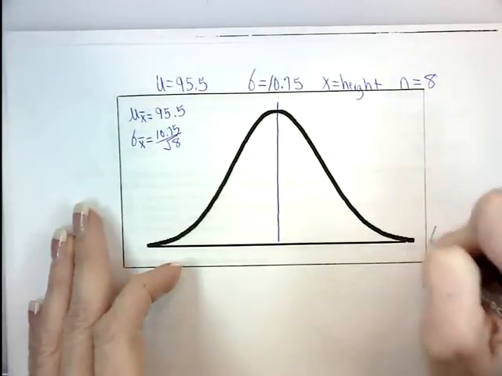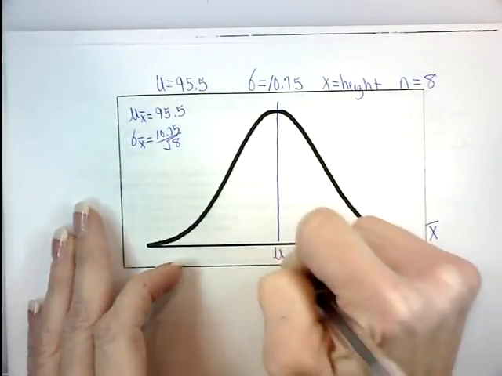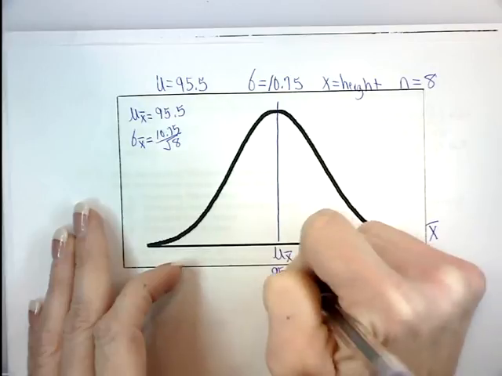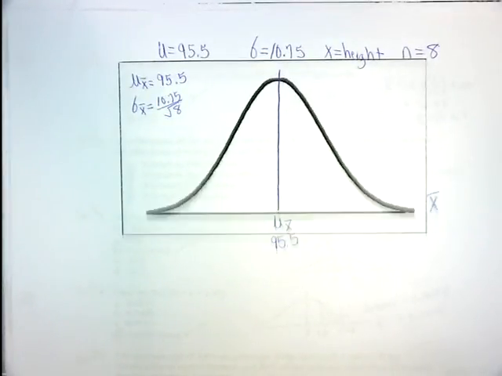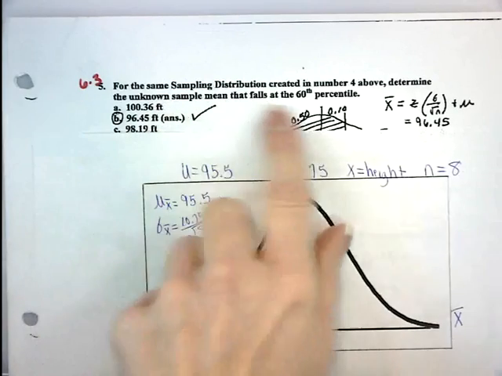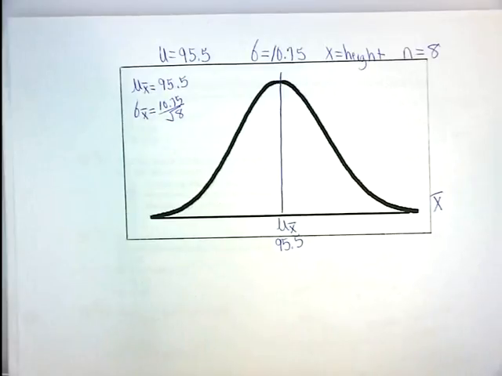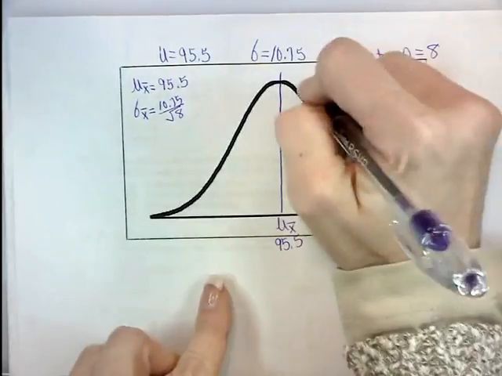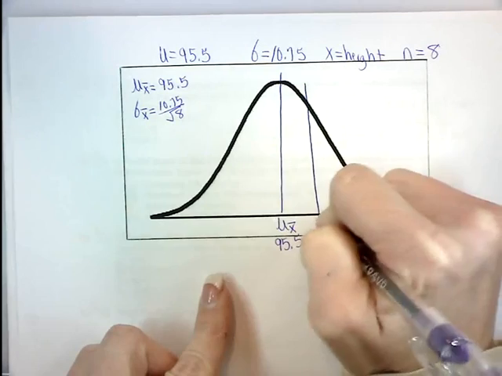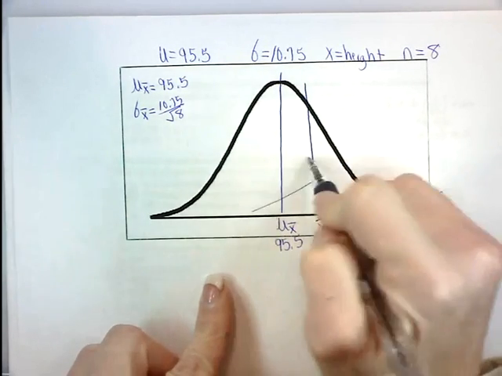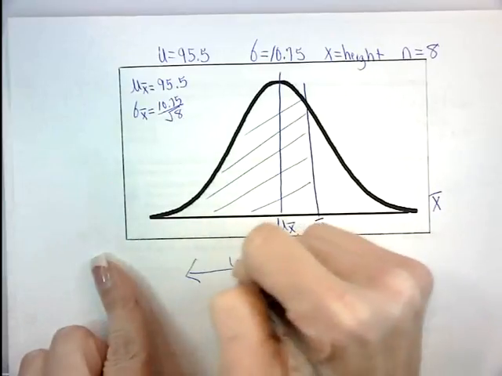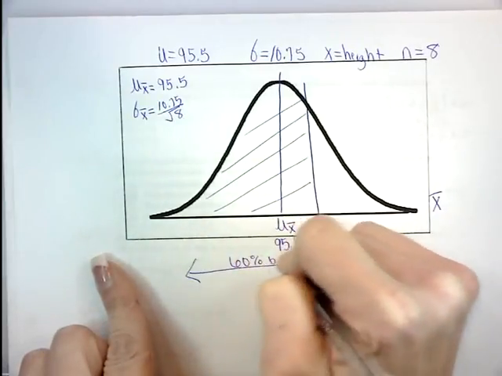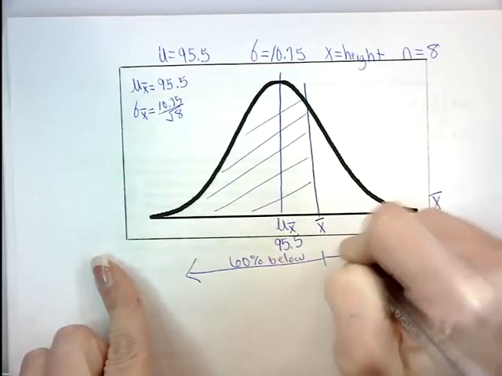Here's the picture, X-bar axis, mean of sample means 95.5 at the center, and we have to find the unknown sample mean that falls at the 60th percentile. Remember, that means 60% below and 40% above. That unknown X-bar on the axis has to fall here for this to make sense. So all of that below is 60% and above is 40%.